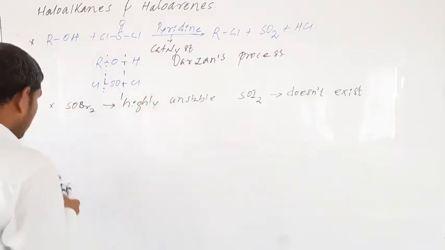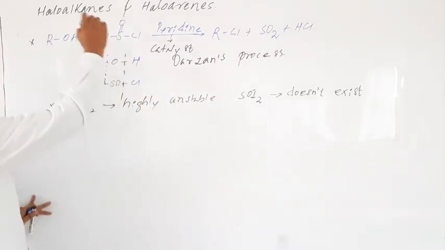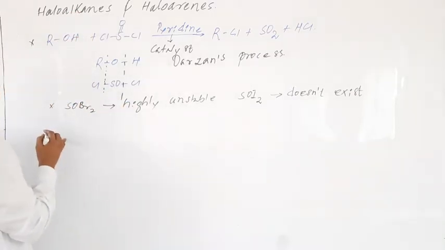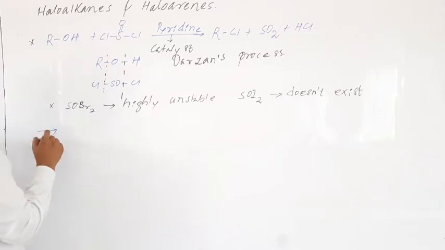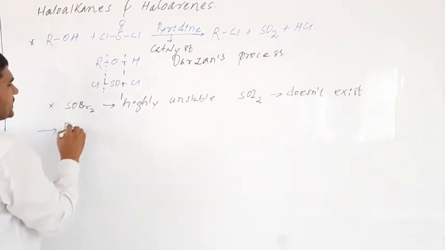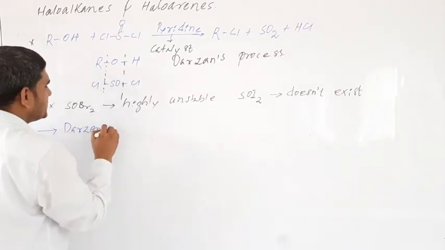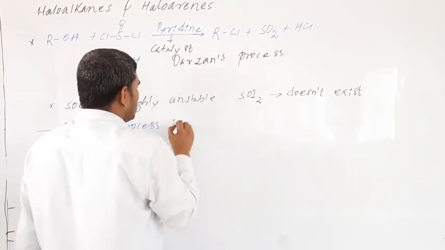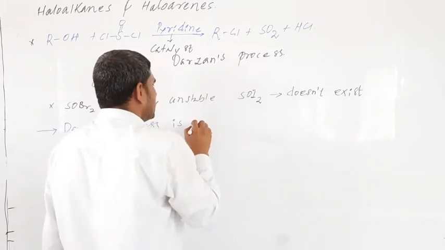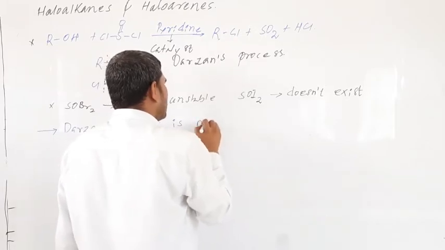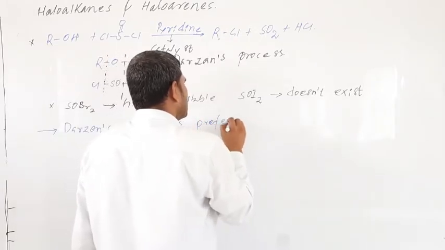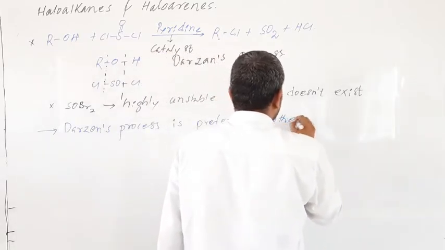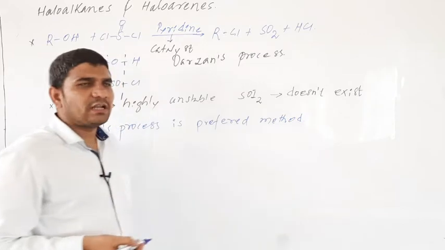Now we have discussed different methods of preparation of haloalkanes, but out of all these methods, Darzens process is a preferred method. Why?